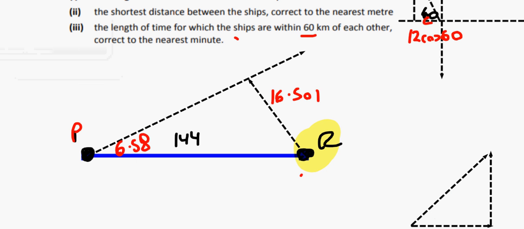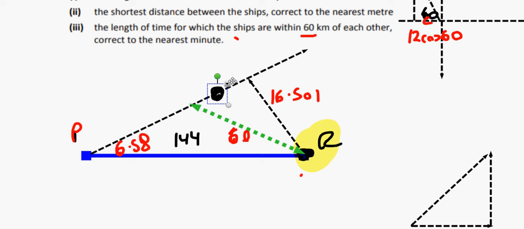If you imagine P is currently 144 kilometers from Q. Now, as P moves along, it gets closer and closer to Q. Eventually, it reaches a point where it's a distance of 60 kilometers away from Q, as shown. It then travels further, until it's 16.5 kilometers away from Q, and then it travels the same distance out the other side, and then once again it's 60 kilometers from Q.